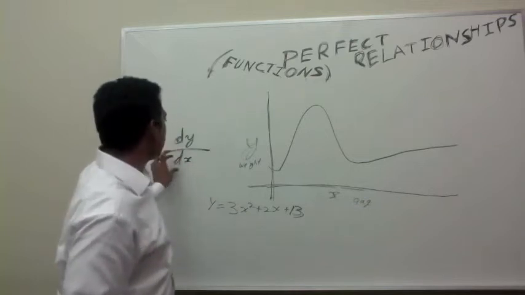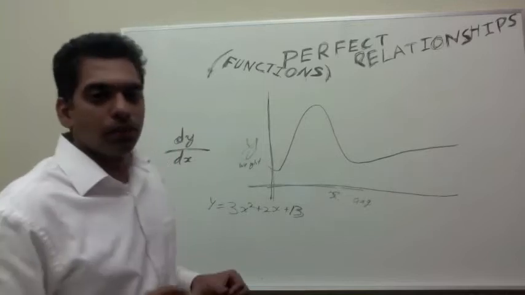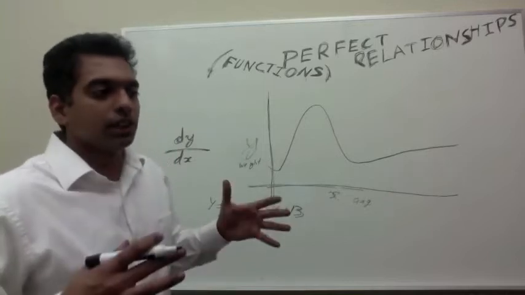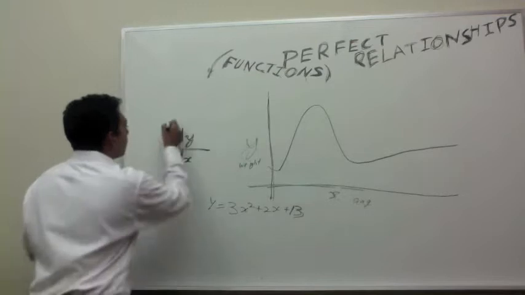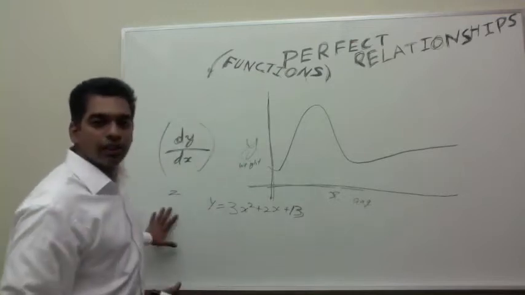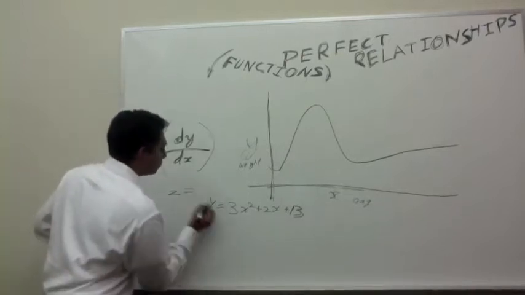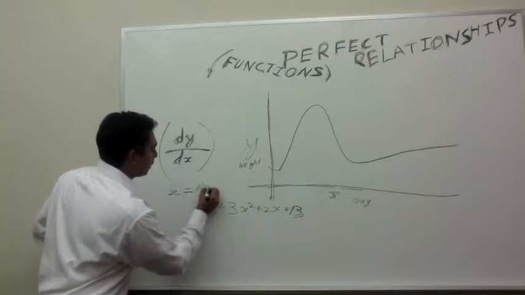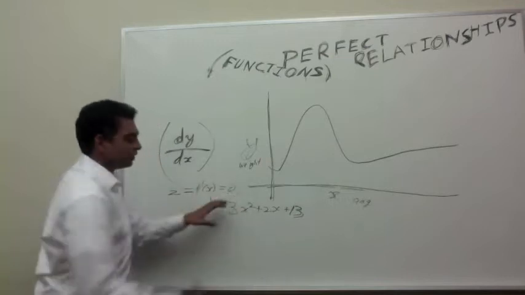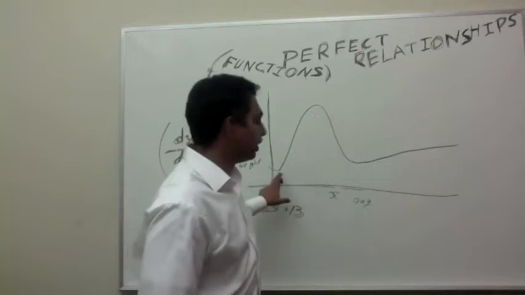They call it dy and dx because they're talking about a very small change in y divided by a very small change in x, which you can think of as z. Okay, and z is equal to f dash of x. When z is equal to 0, that's when your weight peaks, or that's when your weight is minimum.